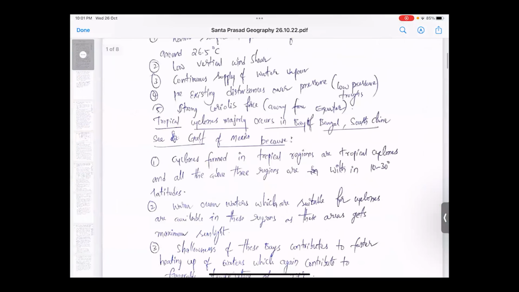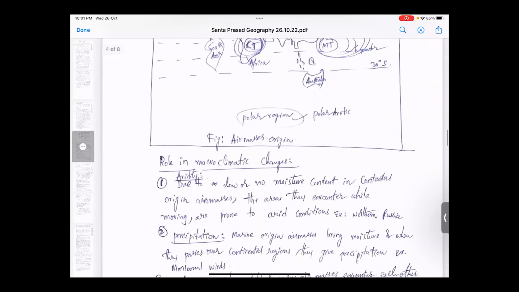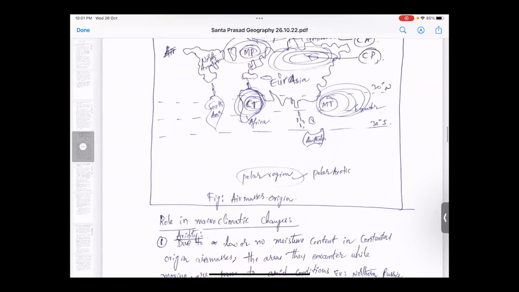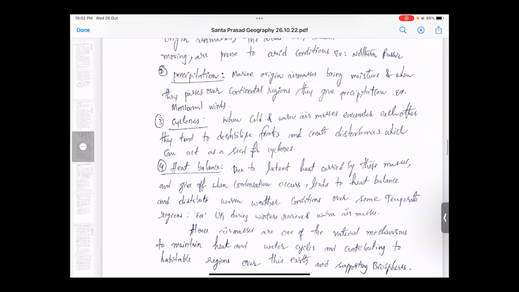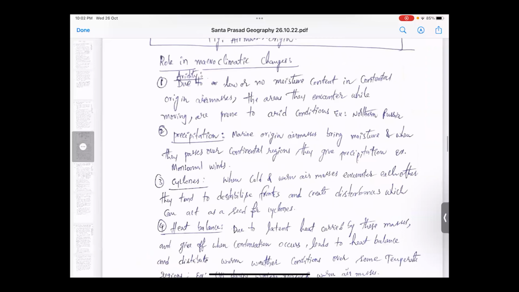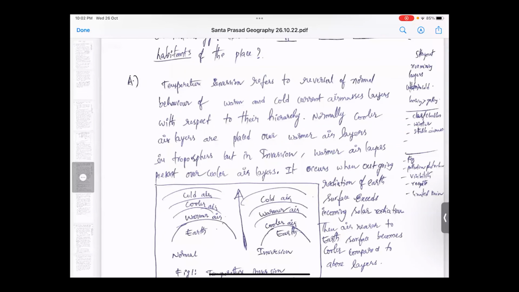Since it was just a 150 word answer, that's why I just wrote the point and left it. Okay, but at least you can write some important terms with regard to that. Because in this type of answers, the more informative or more holistic you are, the better marks you will get. That's all.